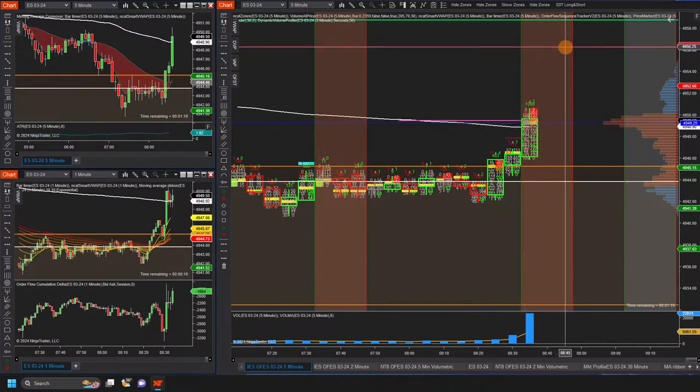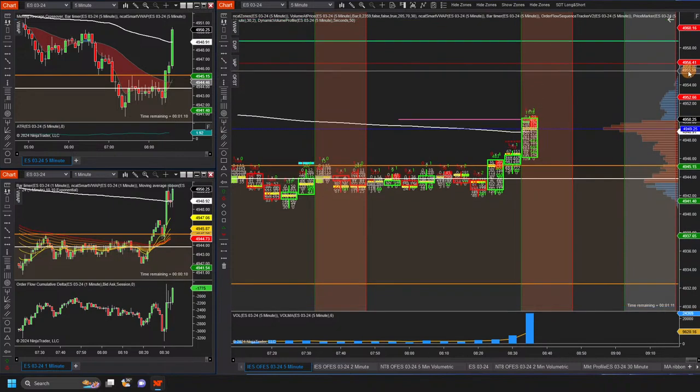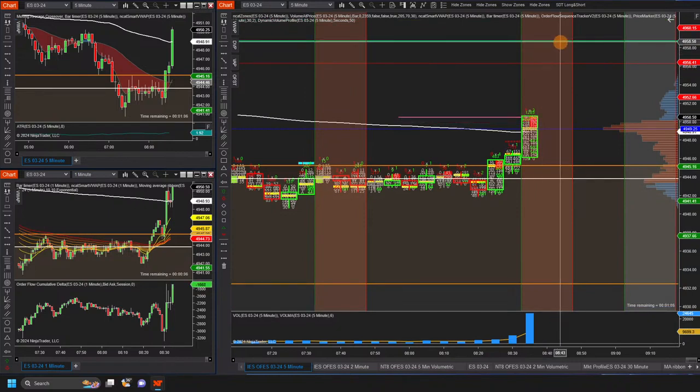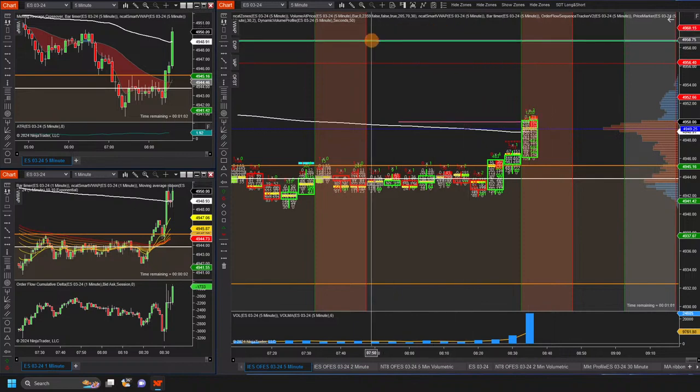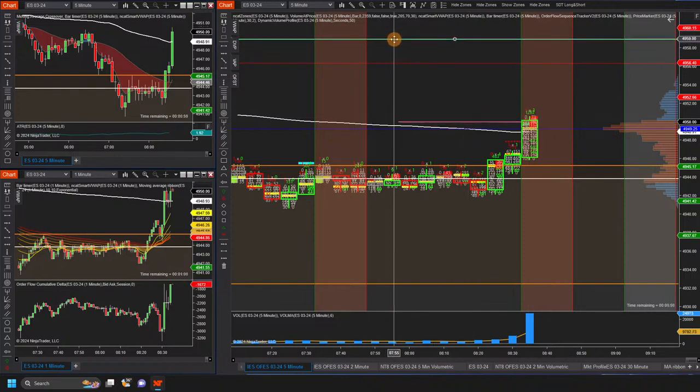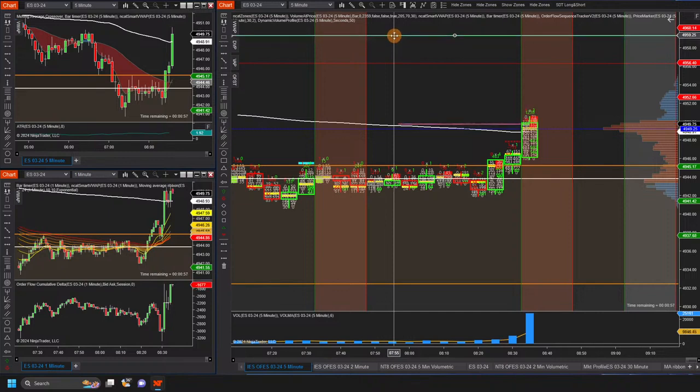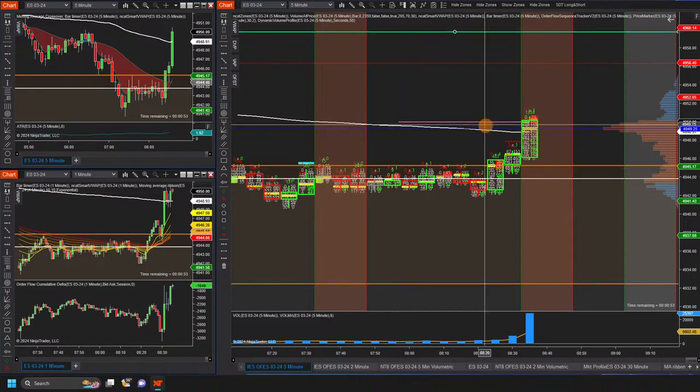The next stop up is prior day high. And our Fibonacci extension is just above that at 49, call it 60. That's where it should be. Let me true that up a little bit. Yeah, right there. All right, and we're off.